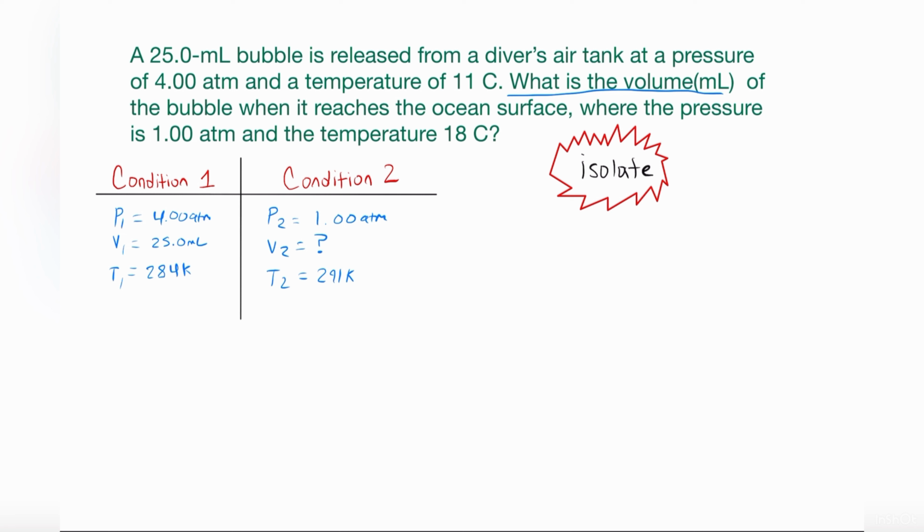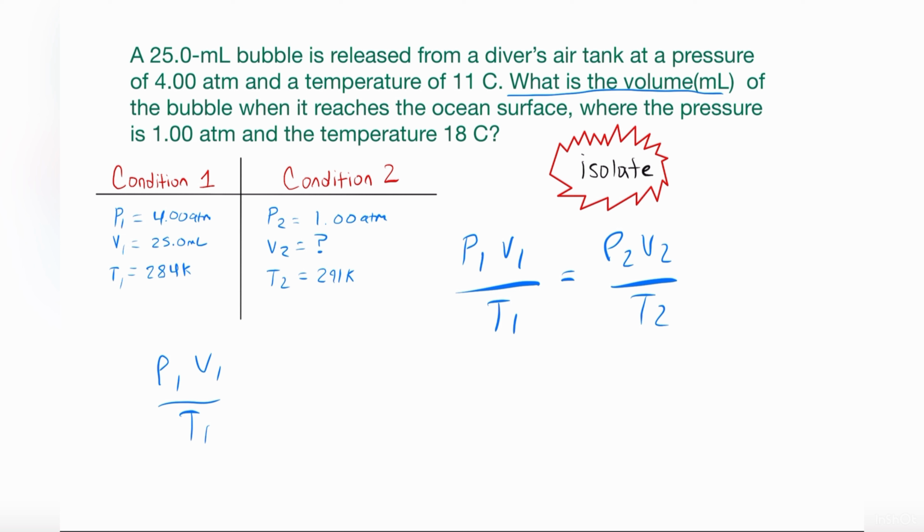So let's go ahead and write out the equation. So we have P1 V1 over T1 equals P2 V2 over T2. Now to isolate this, I'll rewrite the equation once more.